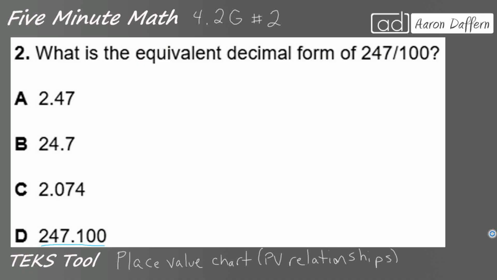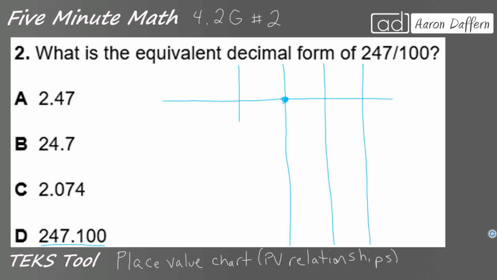All right, so we need to build a pretty big place value chart to handle all of those options. And so I'm going to use this as my center point. It's where my decimal is going to go. I'm going to have 2 spots here, and then right next to it, 2 lines over there. So this will be my hundreds, my tens, my ones, tenths, hundredths.